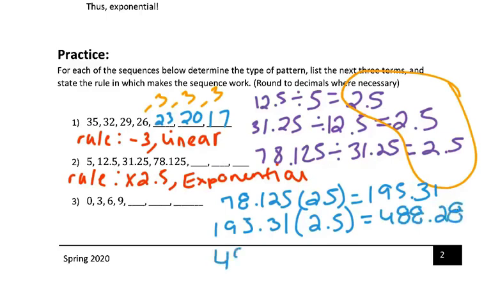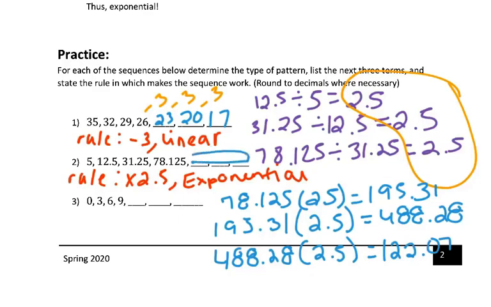We're going to take that number, 488.28 times 2.5, and we are going to get 1,220.07. So I'm not going to attempt to write that in the three blanks here, but you would have these next three numbers.